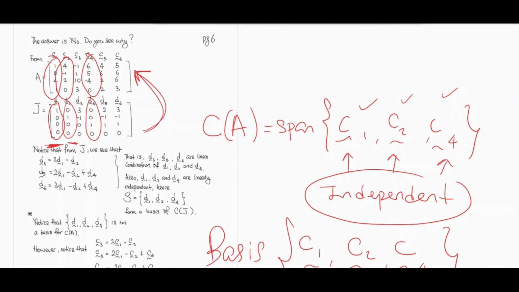We don't say that the basis for the column space of A is D1, D2, D4. But we look at the corresponding columns for the matrix A, and we say that those columns will form a basis. That is how we utilize this relationship.